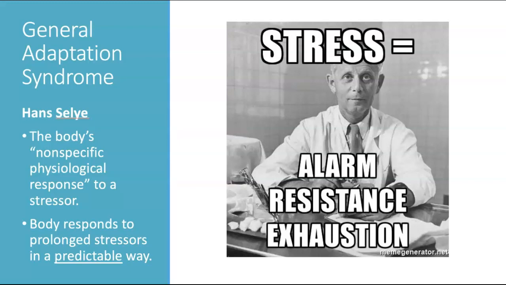Now, if the stress continues, the last stage is exhaustion. Part of this might be physical exhaustion, feeling very, very fatigued, but it's more than that. The exhaustion stage is when the person's body can't adapt anymore, as it did in the resistance stage, and the body's resources have become completely depleted.